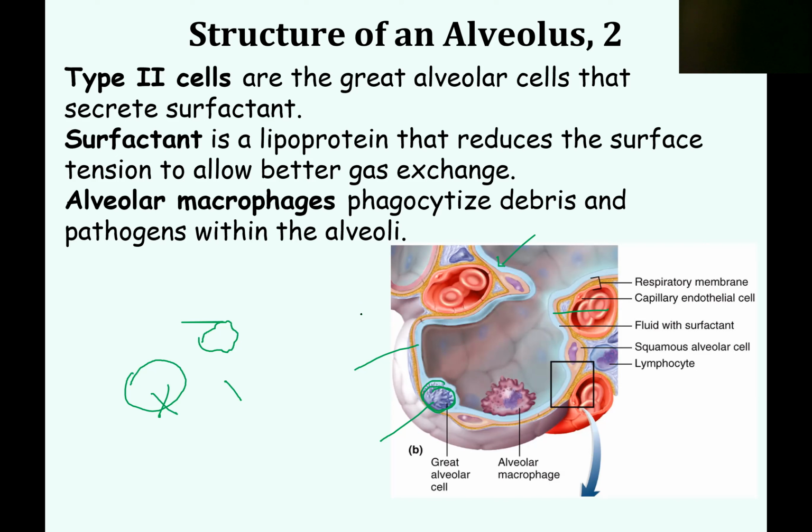If they weren't making surfactant, then they probably weren't going to survive. In the last at least 10 years, maybe 15, they have been able to supplement surfactant in preterm infants so that it isn't the life or death situation as it used to be.